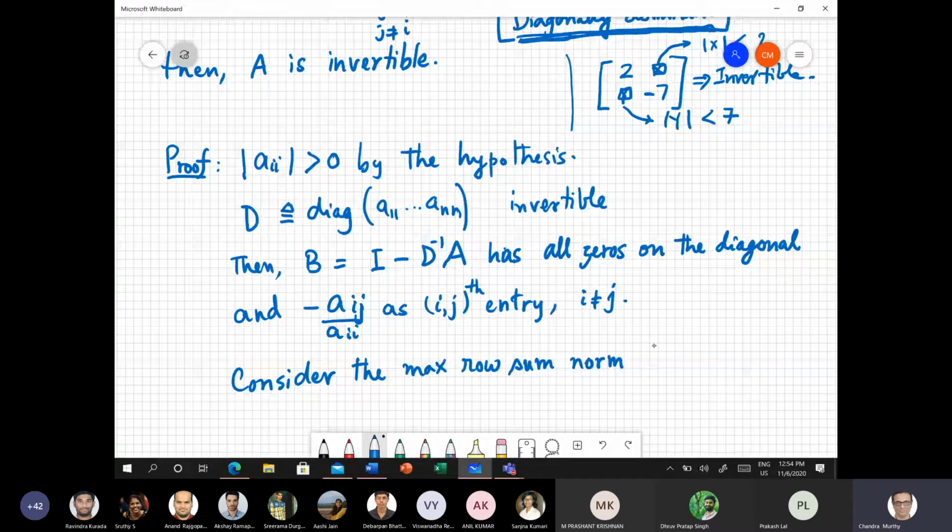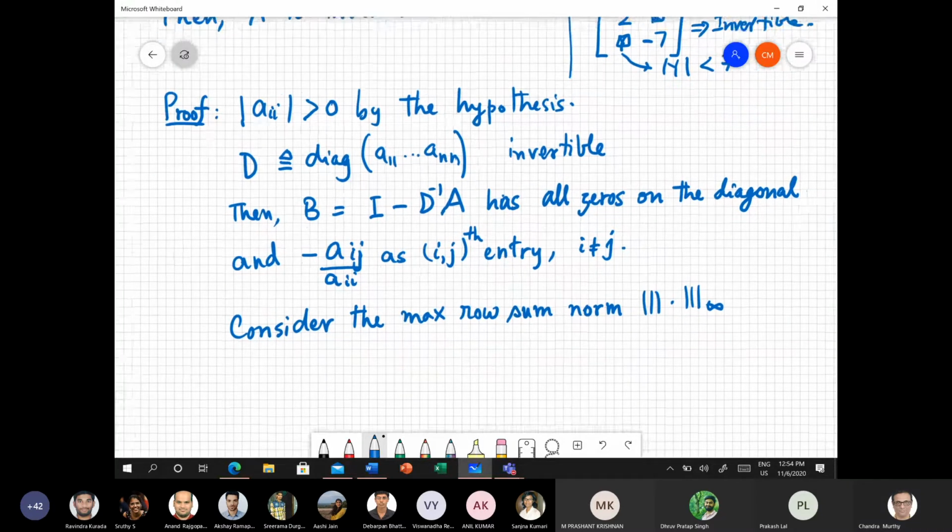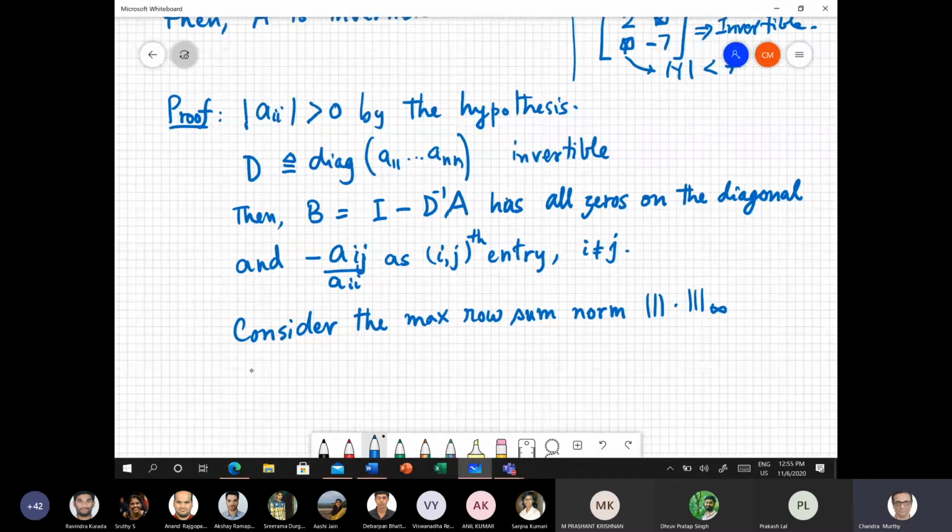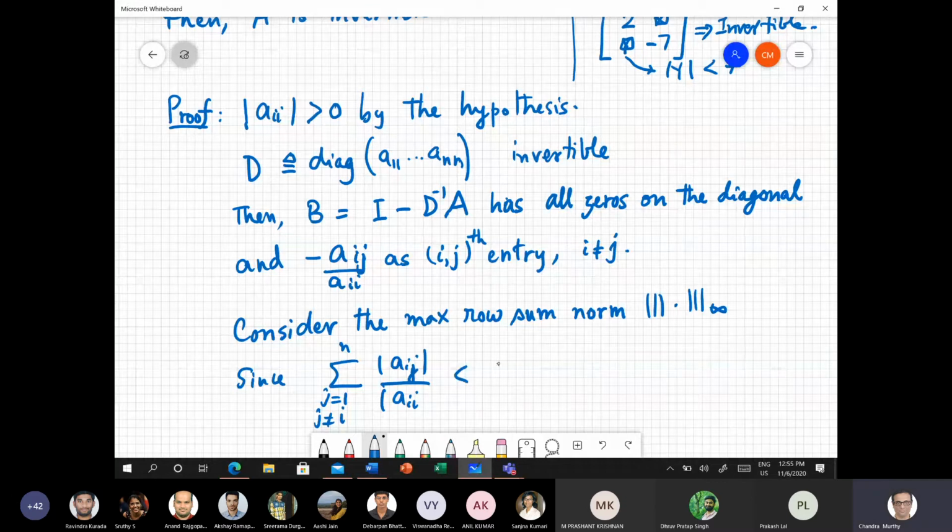So you can already probably start seeing how this proof works out. I'm going to add up the entries across each row in magnitude, and then I'll take the maximum value. Now, since the sum over j equal to 1 to n, j not equal to i, of |a_ij| over |a_ii| is less than 1 for every i.